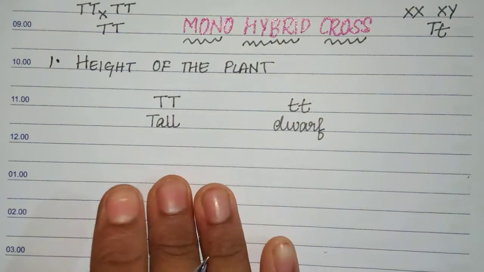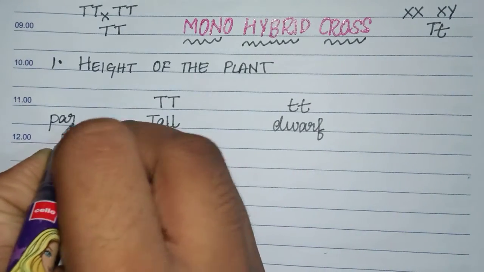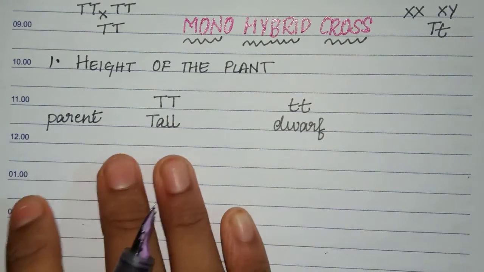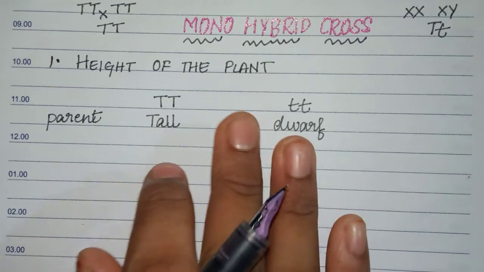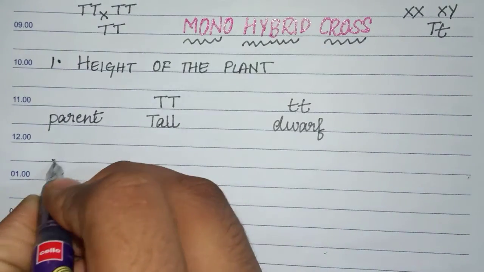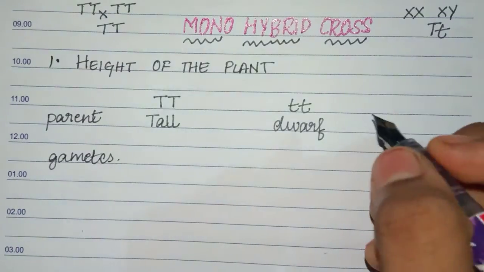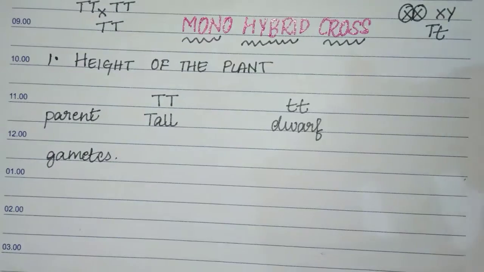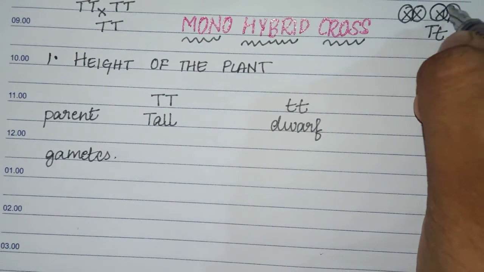So here we have the parent plants now. You will write it as parent. Now you're going to take out the gametes of the parent. What are gametes? In the case of female, you have separate gametes, X and X, and for male you have an X gamete and a Y gamete.